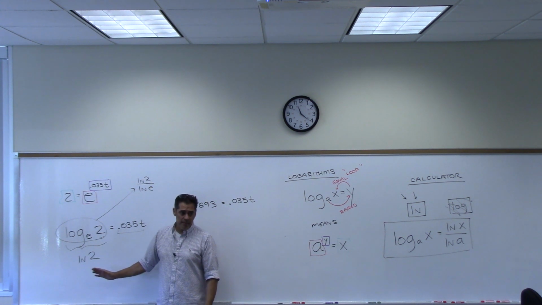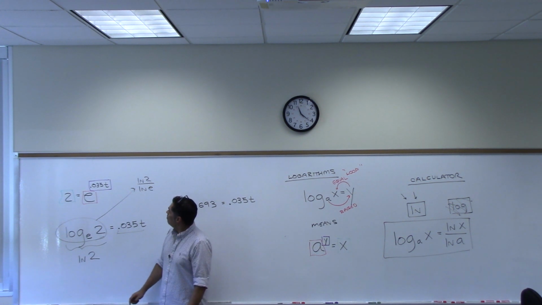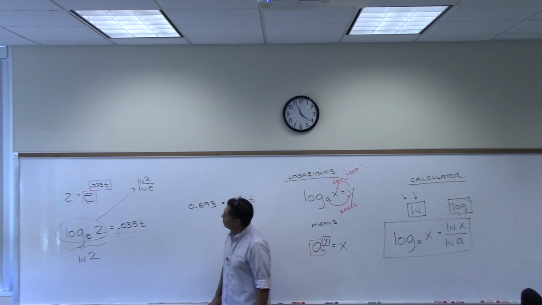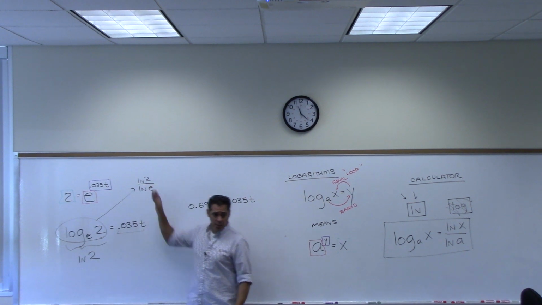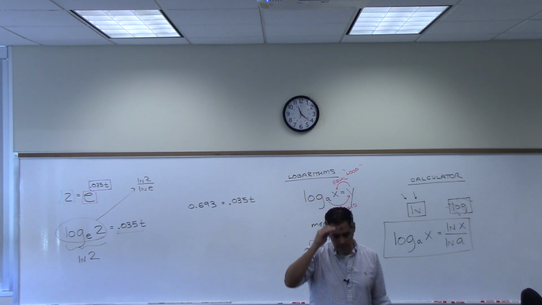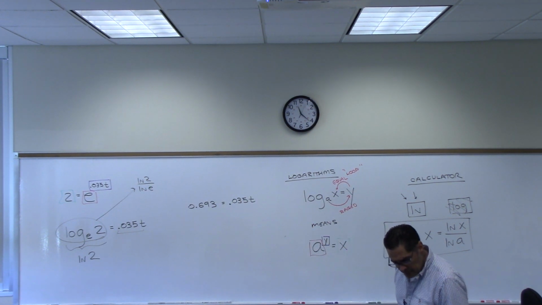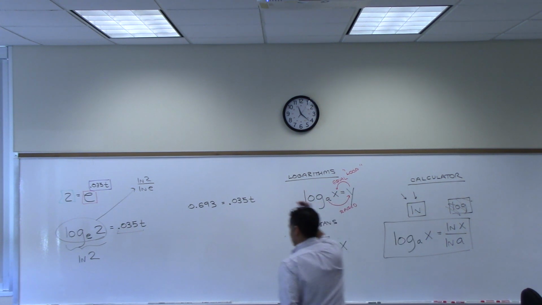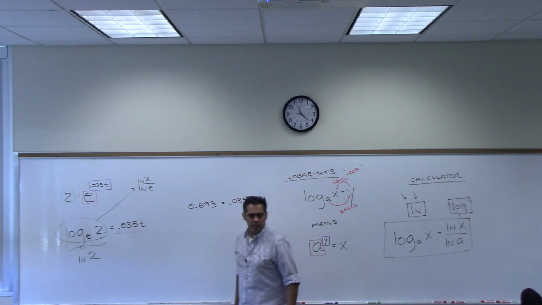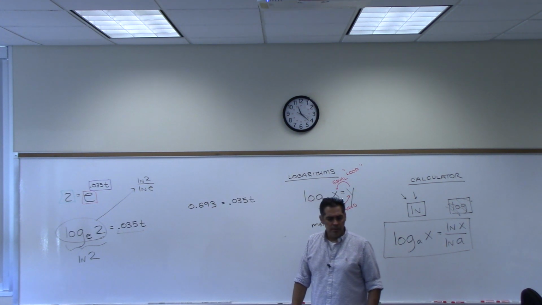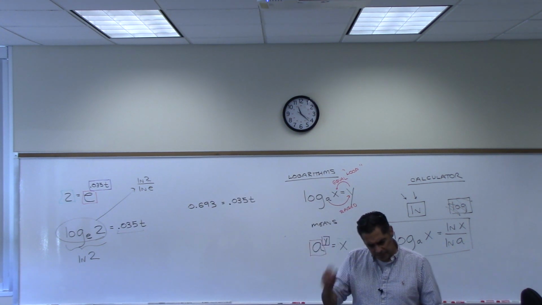Would it be 2 over 2? Do you want to do this one or this one? Okay, then I just need to see you type it in. You did 2 twice. This is an e. Do you see what I'm saying?